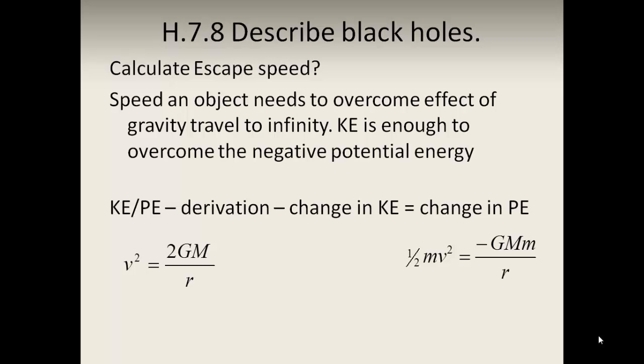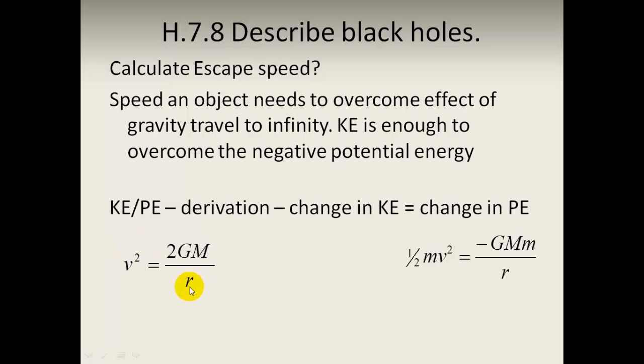Now we're looking at a black hole, so this escape velocity is actually going to be the speed of light. It's light that is not able to escape from a black hole, from what we must define as the surface of the black hole. If we make v equal to the speed of light, then r is effectively the radius of the black hole, the distance beyond which light is not able to escape.